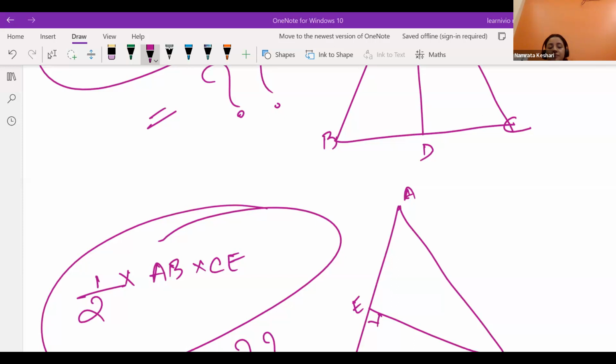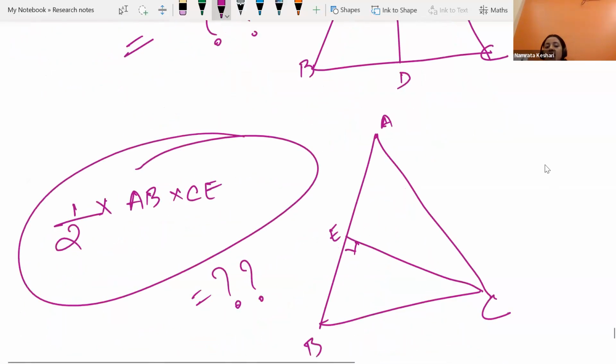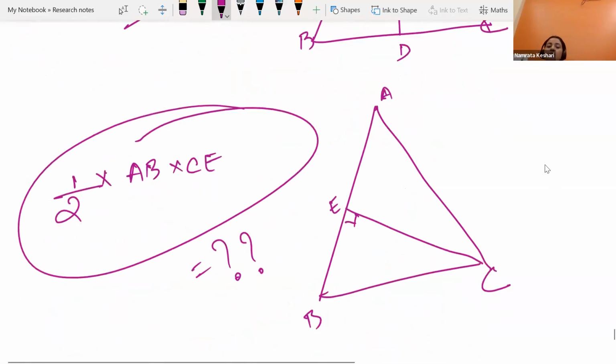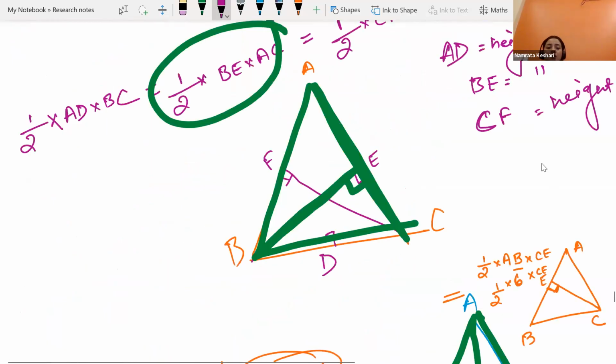Yes, yes ma'am. Okay, so our answer will not be different. This much understanding we are having, whatever height and base pair we take, at the end the area will be the same.